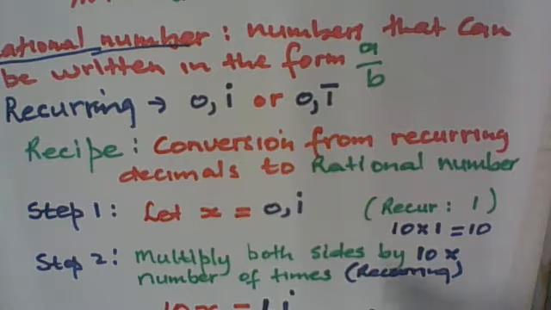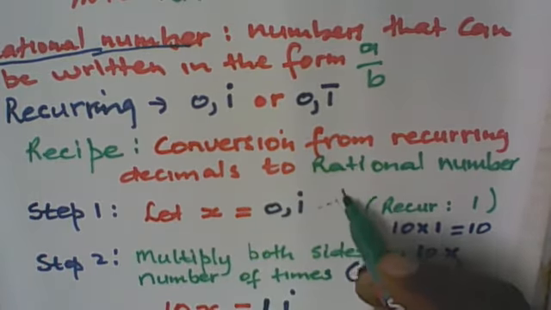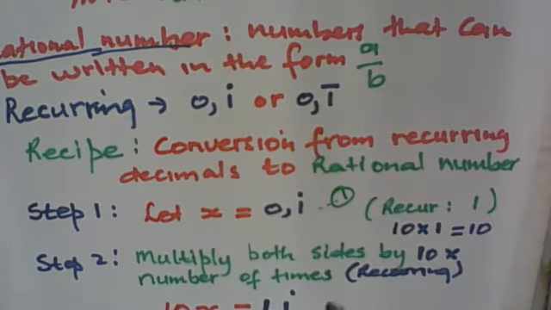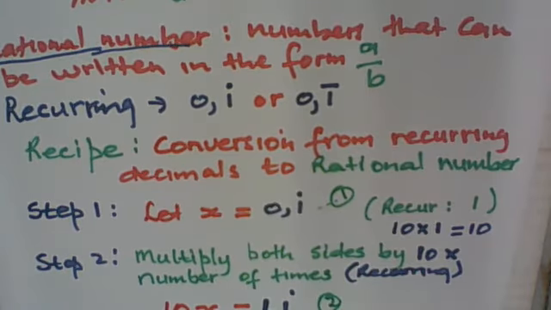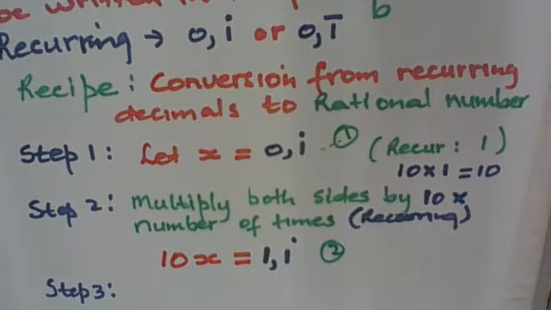That will be equation number 1, and this becomes equation number 2. If you look at both, the first one is x is equal to 0.1 recurring, and the second one is 10x is equal to 1.1 recurring.